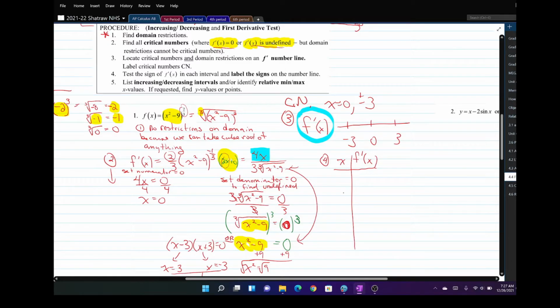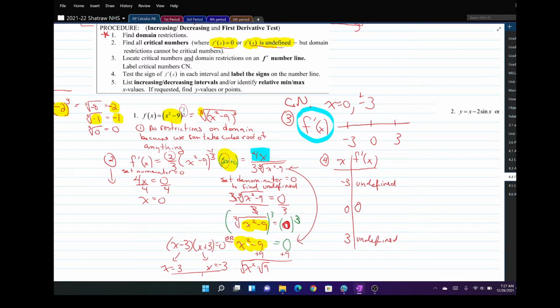Now, first of all, I'm writing down right here that I had my critical number negative 3, I had my critical number 0, I have my critical number positive 3, and I'm saying to you that I already know what happens here. My derivative is undefined at 3 and negative 3, and I know that my derivative is equal to 0 at 0. So those parts I'm not looking for. I've already found them. What am I looking for?